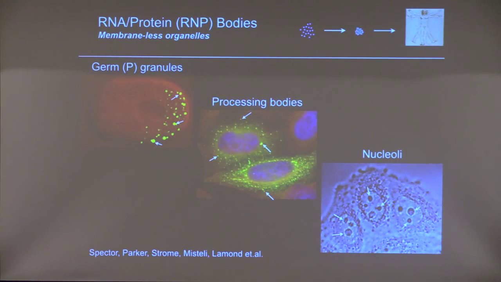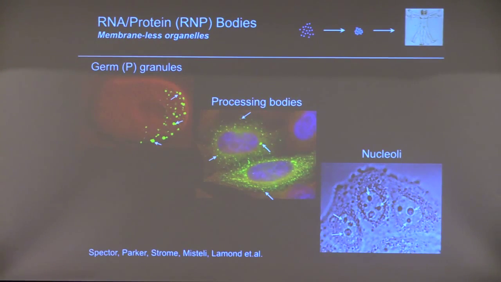Okay, so that intermediate length scale is at the level of individual structures within cells. If I say the word organelle, what comes to mind are membrane-bound bags within cells that compartmentalize the interior of the cell. But there's a whole class of organelles.